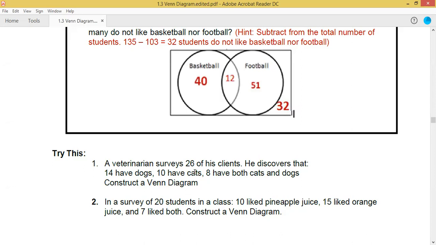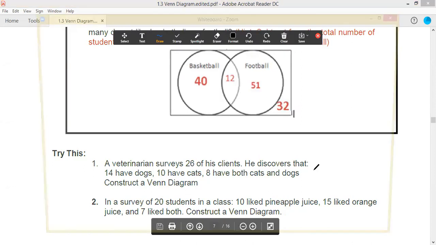Again, we need to note there are 26 clients. Then how many have dogs? There are 14. How many have cats? There are 10. For dogs and cats, there are 8.